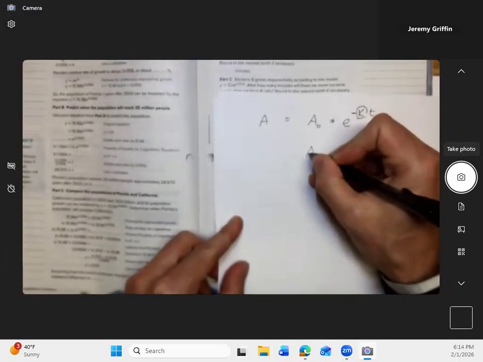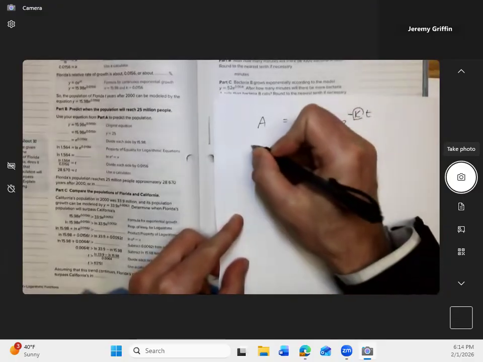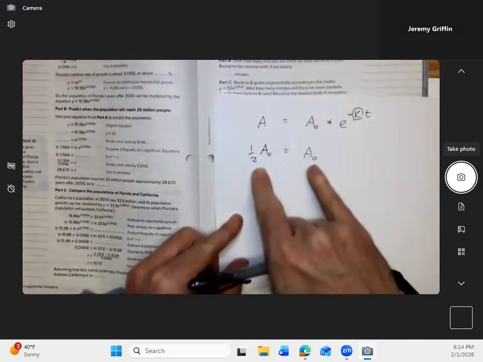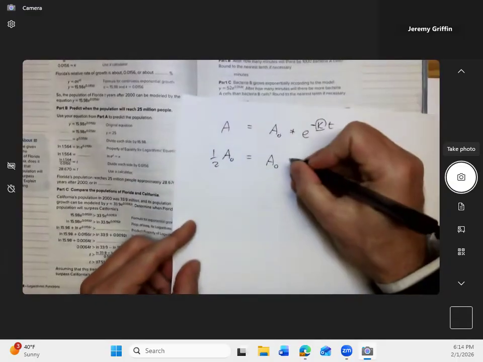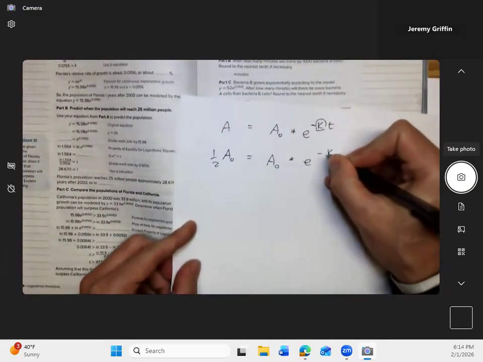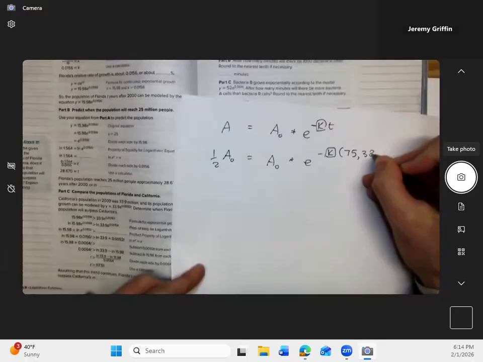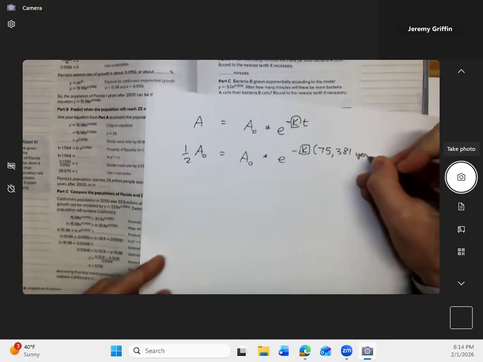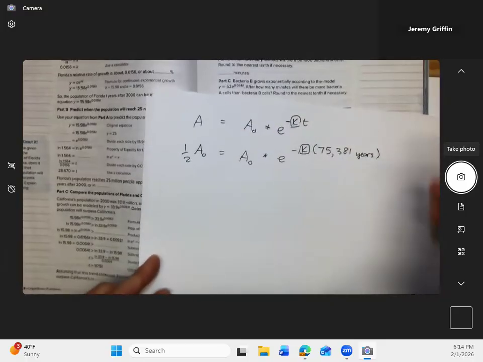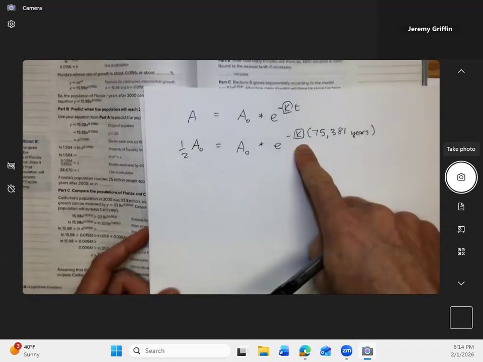So whatever the initial amount you start with, it becomes half of that original value if I plug in 75,000 years for t, and more precisely, 75,381 years. All right, so let's chase down k.